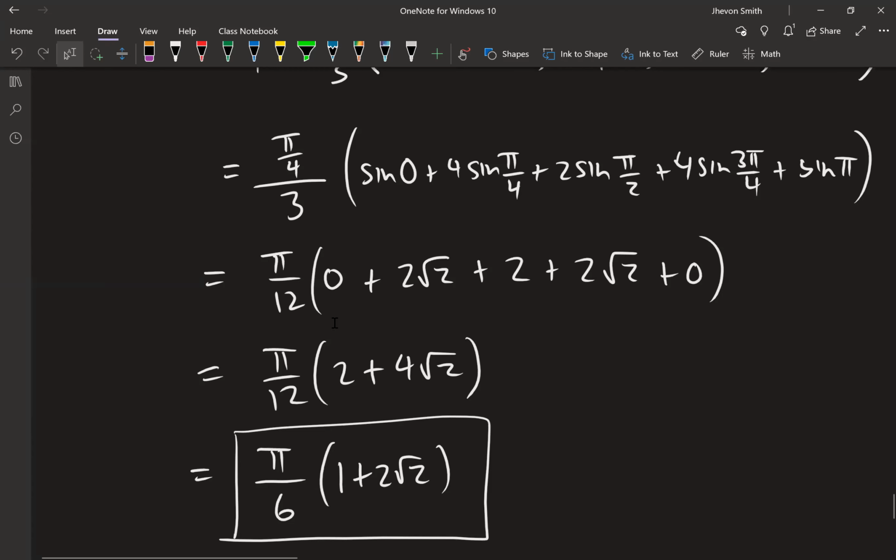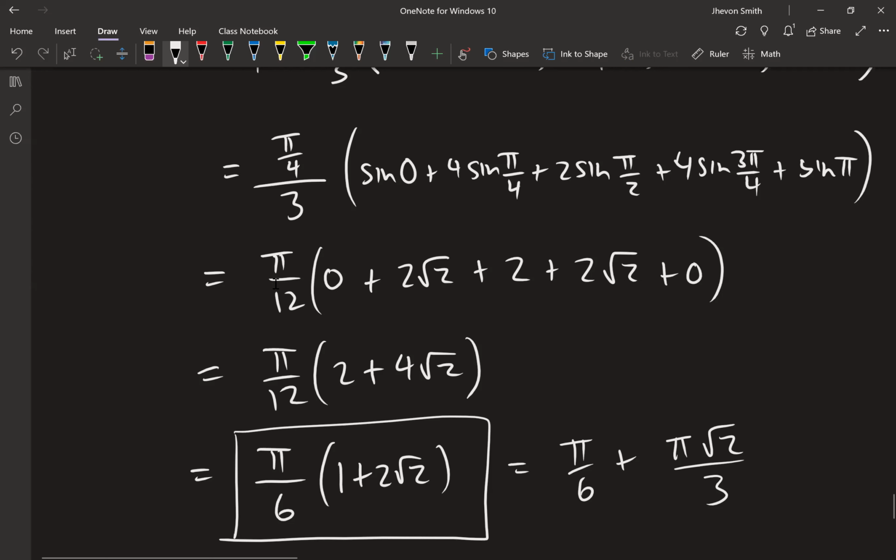Oh, that's if you expanded it. You just multiply it out? Well, that's what I got. It's exactly the same thing, just the other side.